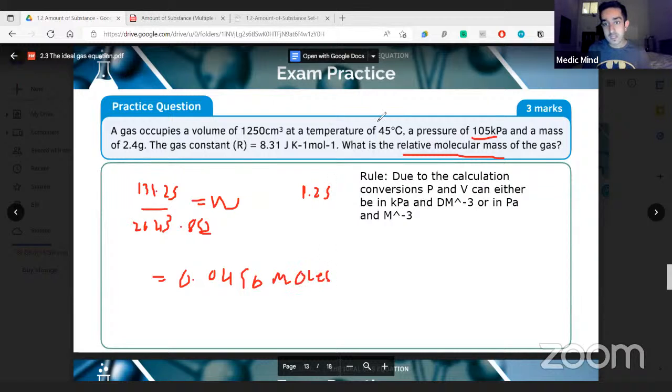But you've been asked to work out the relative molecular mass. So mass divided by moles equals Mr. You've been given a mass of 2.4.